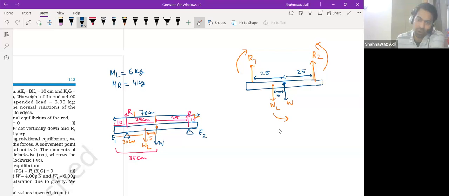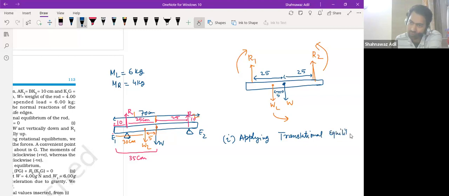Okay. So the first criterion is applying translation equilibrium, right? One force is upward, and these two are downward. So we can write that R1 plus R2, minus W minus WL, equals 0.